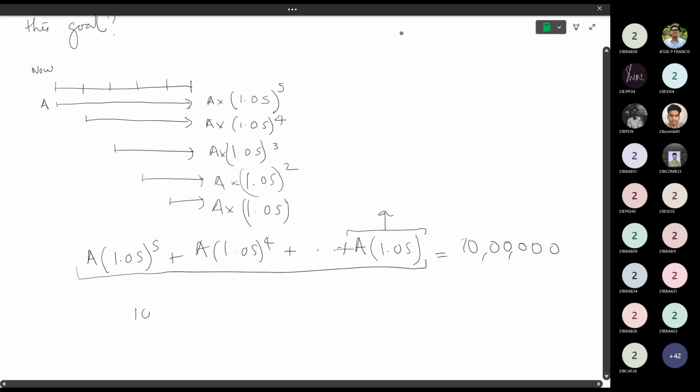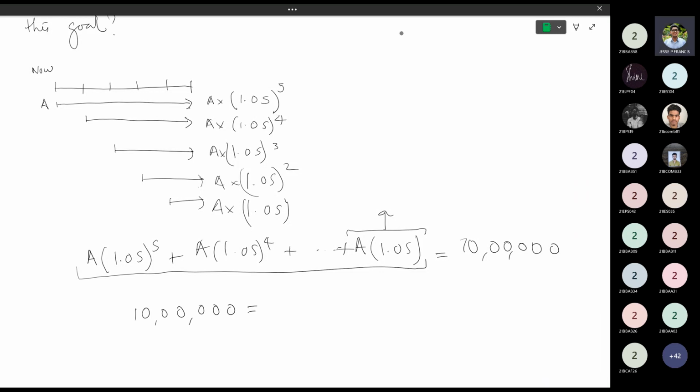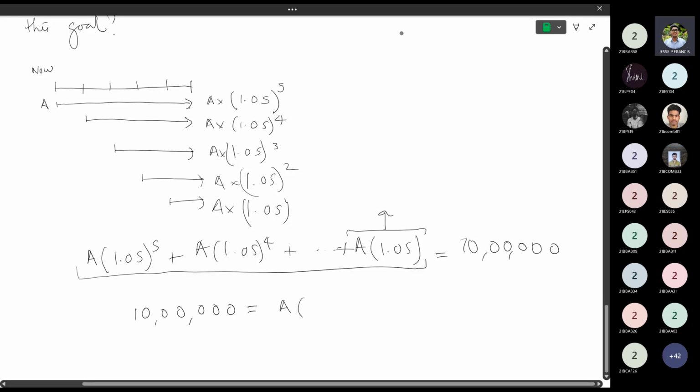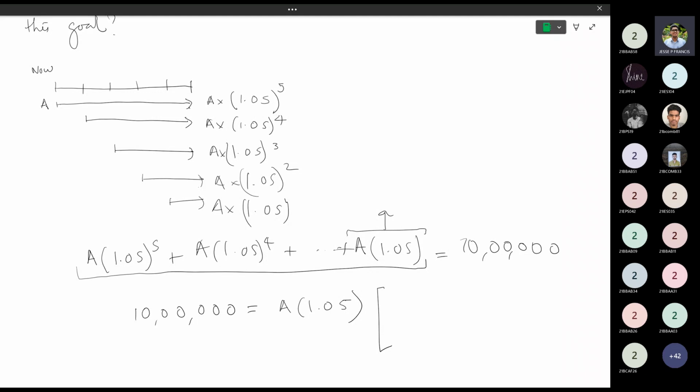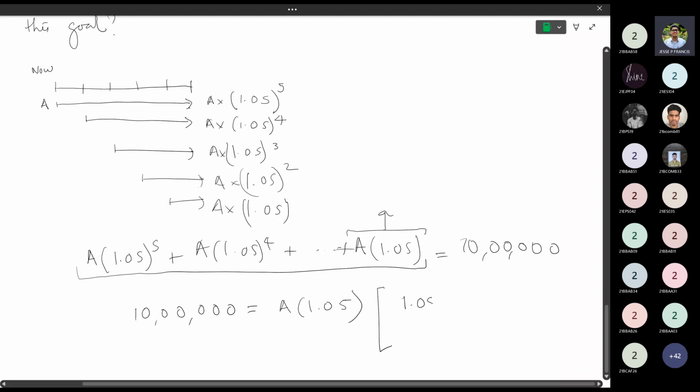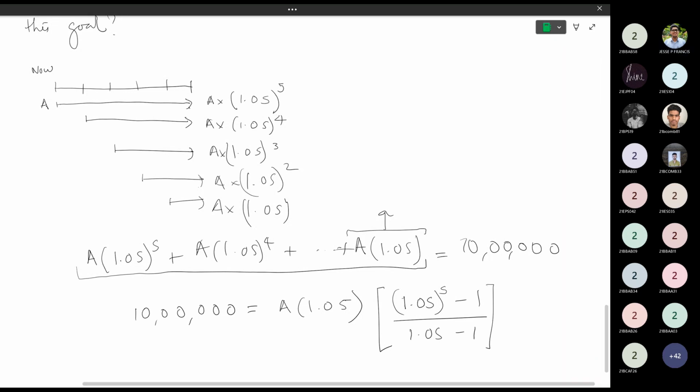Therefore, 10 lakh is equal to first term, which is 1.05 into R to the power N minus 1 over R minus 1. There are 5 terms here, therefore 1.05 to the power 5 minus 1 divided by 1.05 minus 1.